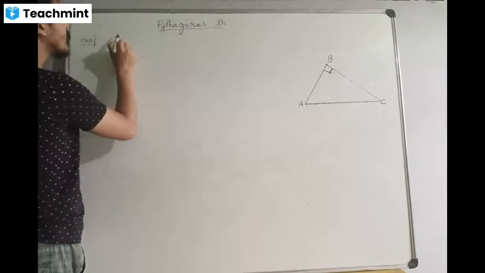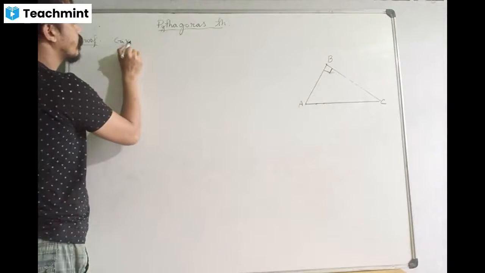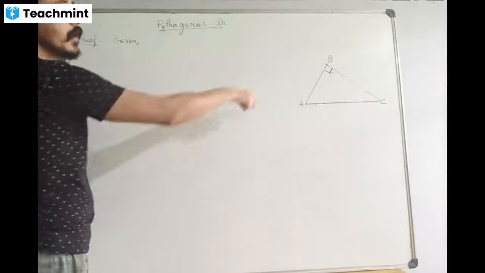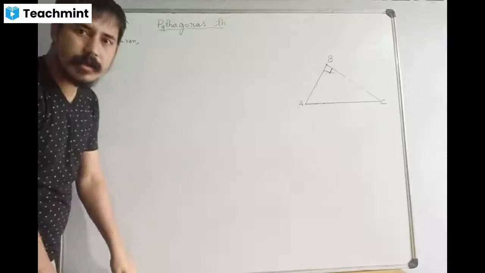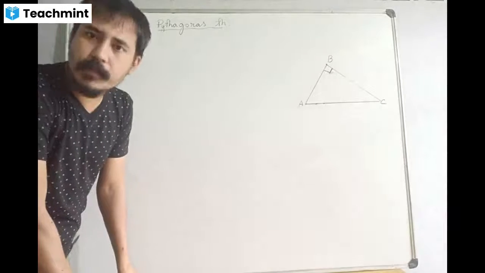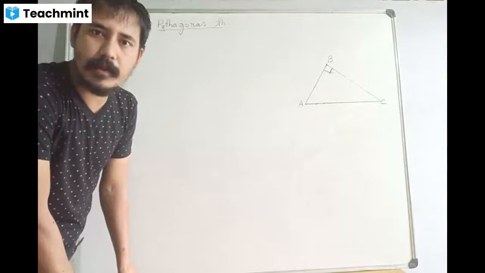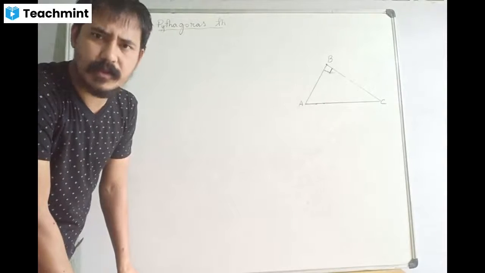So what is given? A right triangle ABC in which angle B is equal to 90 degrees. That is all that is given.